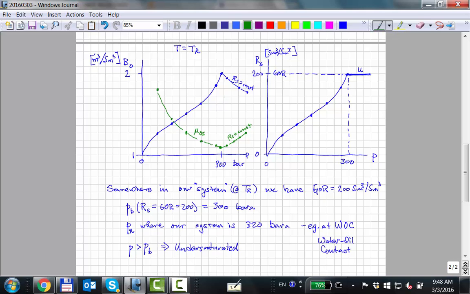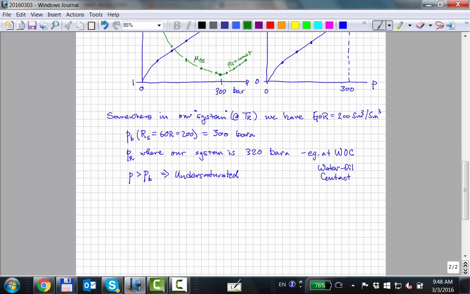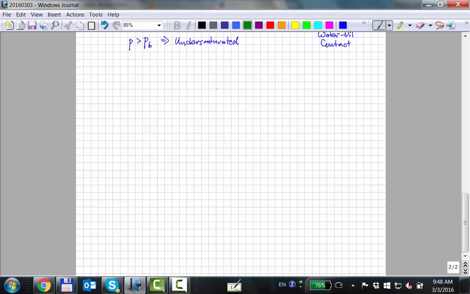Now let's look at another case, which is common, particularly in the North Sea, actually pretty much everywhere.